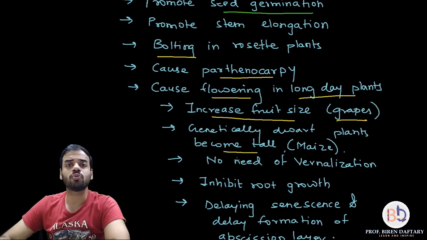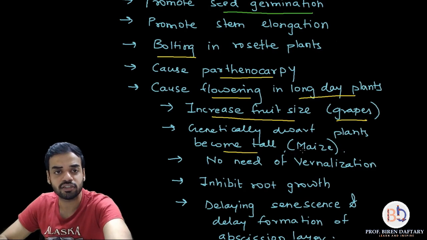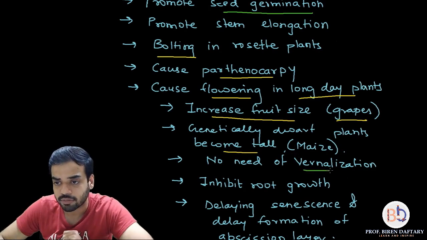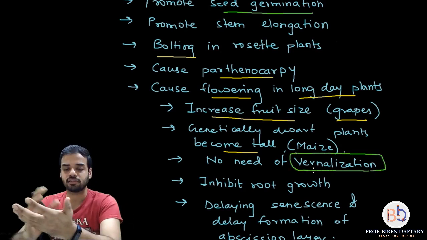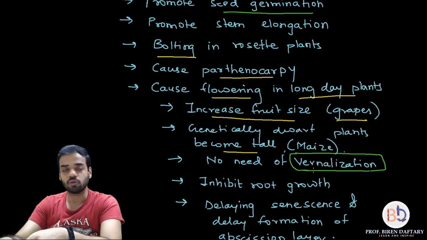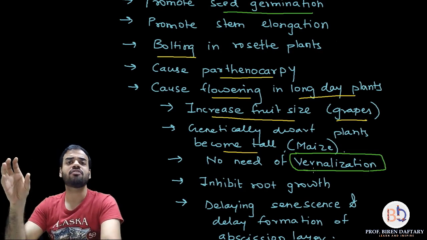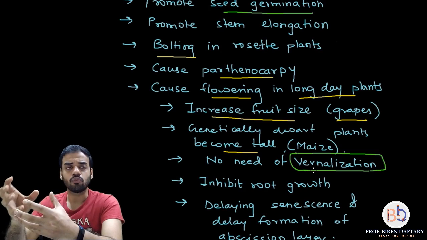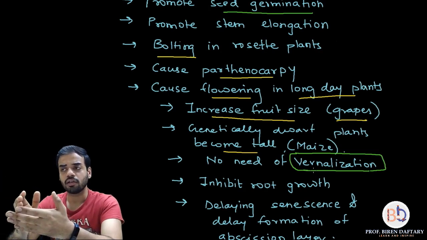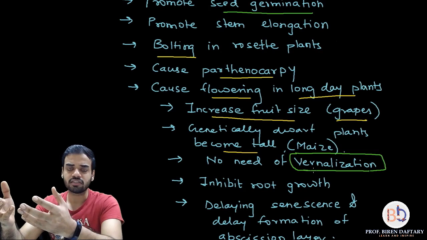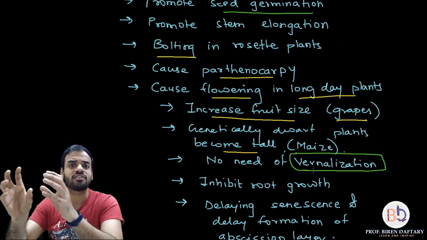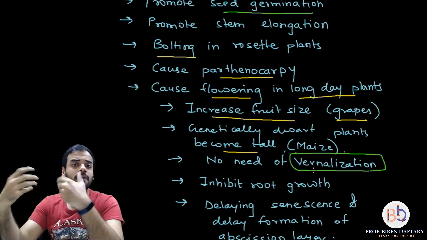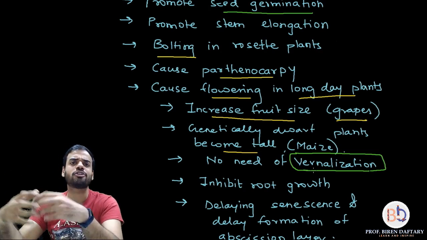Next point is no need of vernalization. Now, I think most of you must be hearing this term for the first time. What is the meaning of the word vernalization? In colder countries, in countries which have a very cold season, during the cold season the plant doesn't grow much, and as soon as the cold season ends, there is a season called spring, where the flowers bloom and the plants grow well.